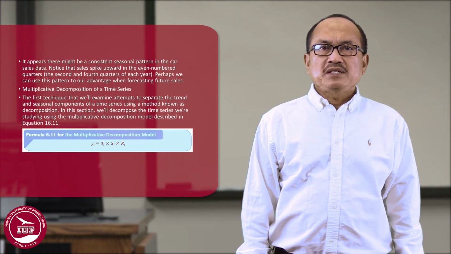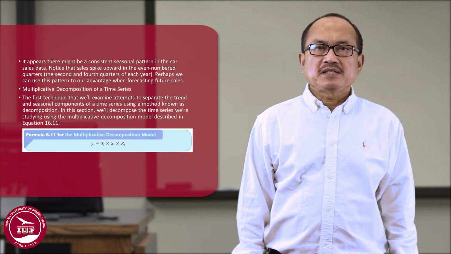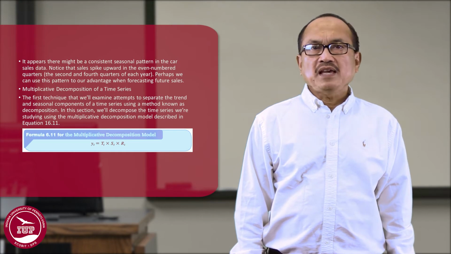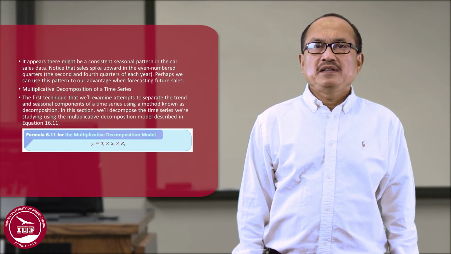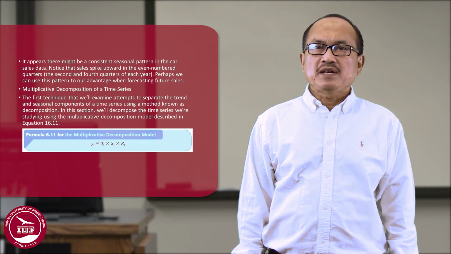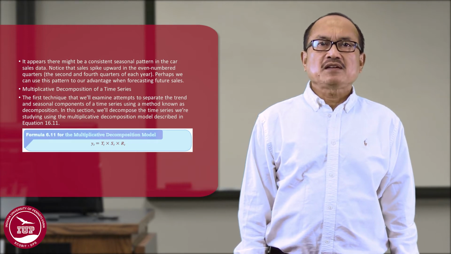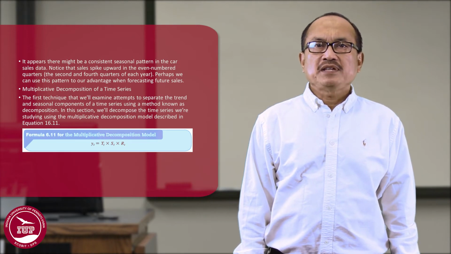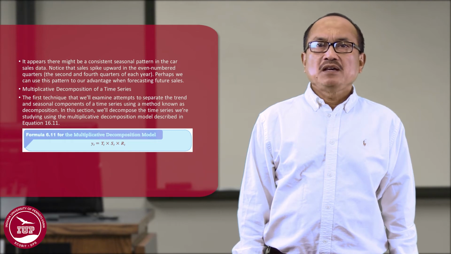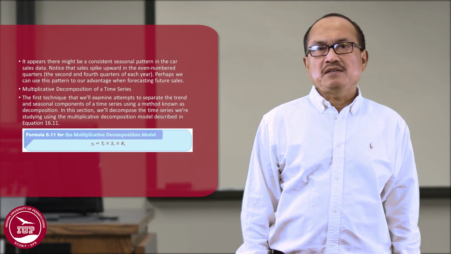Multiplicative decomposition of a time series. The first technique that we'll examine attempts to separate the trend and seasonal components of a time series using a method known as decomposition.